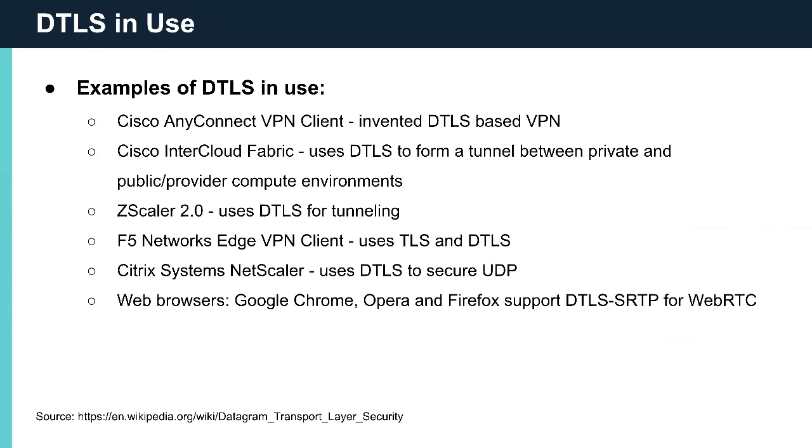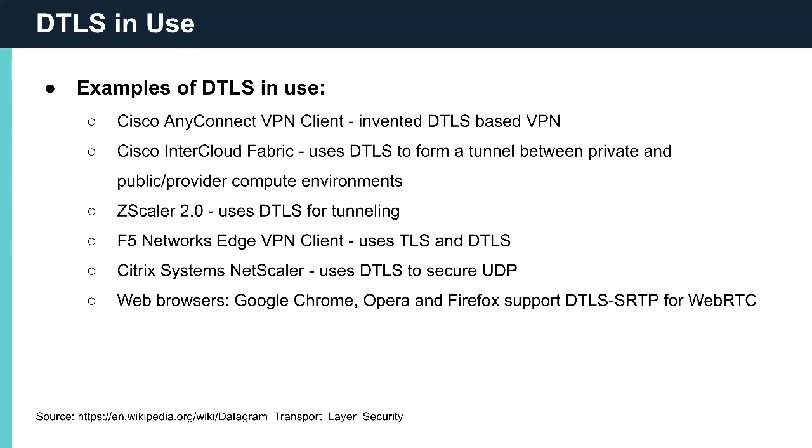If you're curious about where DTLS is used, I just took this from Wikipedia, which has a DTLS page with some use cases listed. These are public use cases of DTLS. The Cisco AnyConnect VPN client, apparently the first DTLS-based VPN. Cisco Intercloud Fabric uses DTLS to form a tunnel.